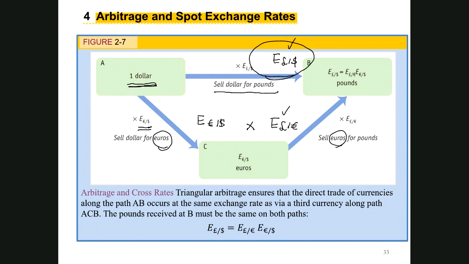So that will drive down the price so that those two will converge. If this one is higher than this one, people will go the indirect way to switch their currency, right? So in a market equilibrium, those two are supposed to be the same.